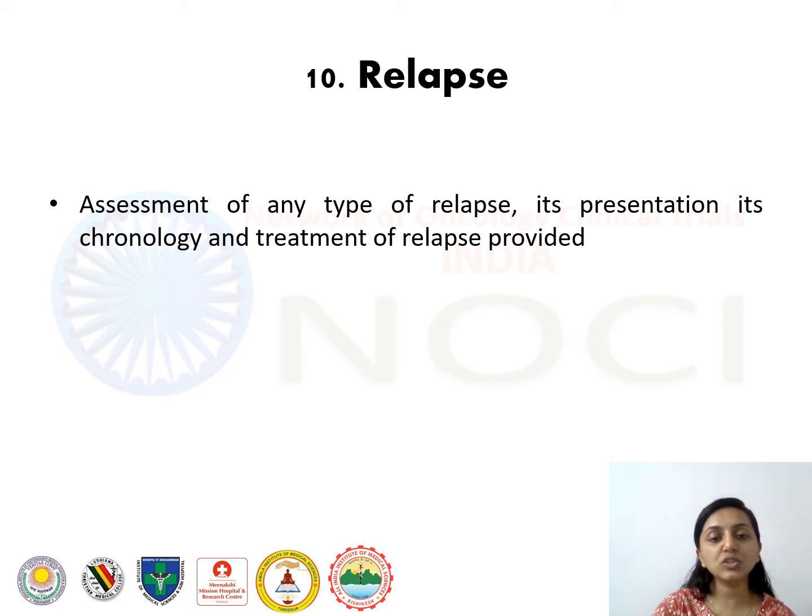And this again needs to be evaluated separately. We need to start the entire process of evaluation like it was done initially for this patient, with biopsy, with imaging modalities or PET scan, and then treatment is provided accordingly.